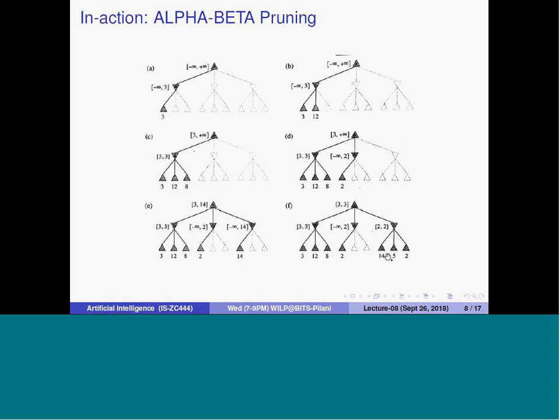We are exploring from left to right, therefore we explored 14, 5 and 2, but if somehow we had explored the 2 first, then we may not have explored these two things.